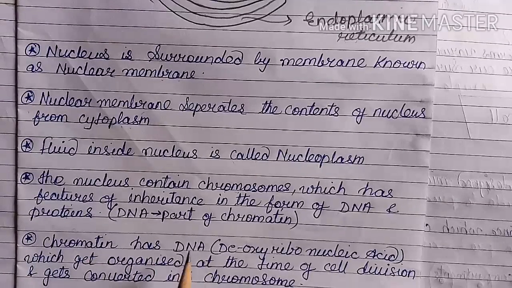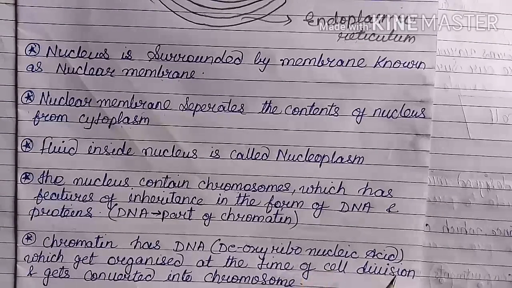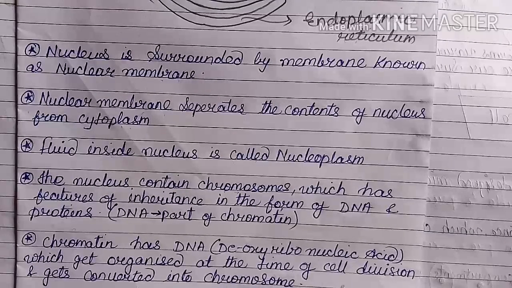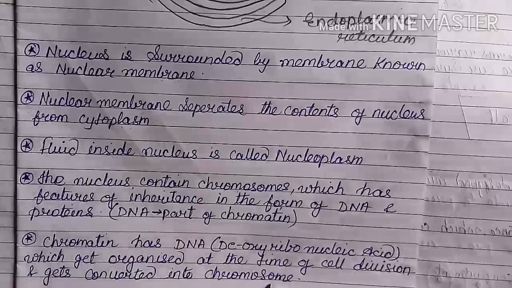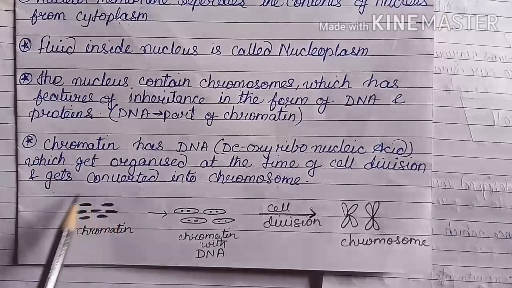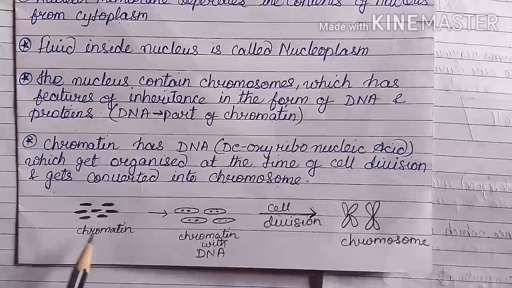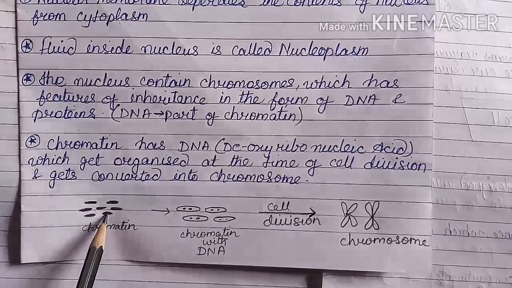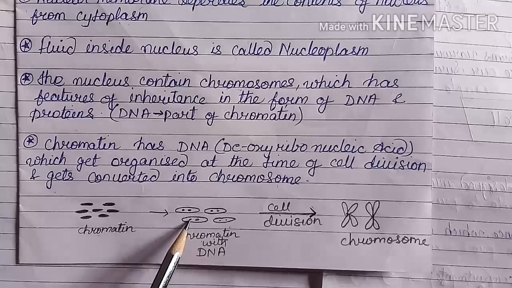Now the fifth point is, chromatin has DNA, deoxyribonucleic acid, which gets organized at the time of cell division and gets converted into chromosomes. Chromatin material is present inside the nucleus, and these dots are the DNA with it.